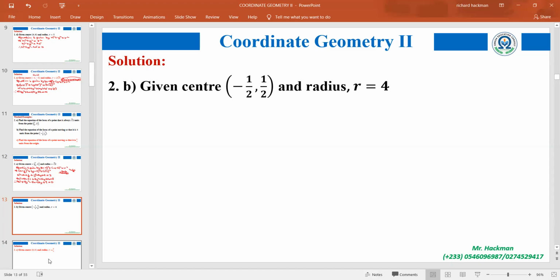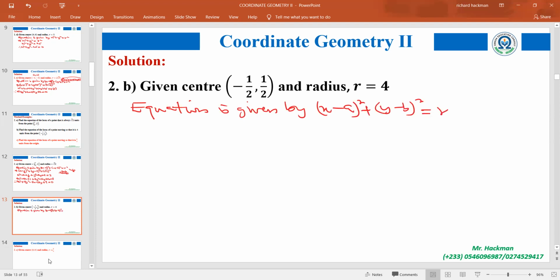So now let's see. Again, we quote the formula. The equation is given by (x minus a) all squared plus (y minus b) all squared is equal to r squared.